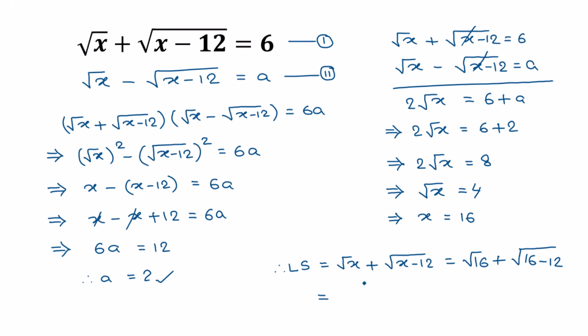So square root of 16 is 4, plus square root of 16 minus 12, which is 4, so square root of 4 is 2. 4 plus 2 is 6, and the right side we have 6, so it is the same as the right side.